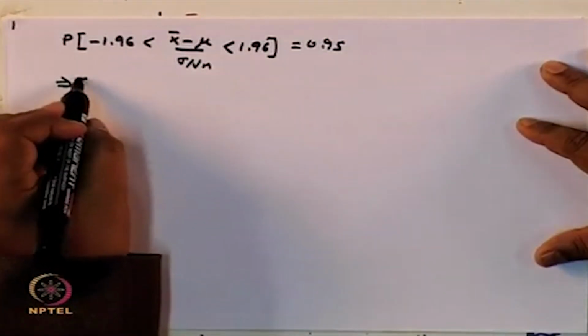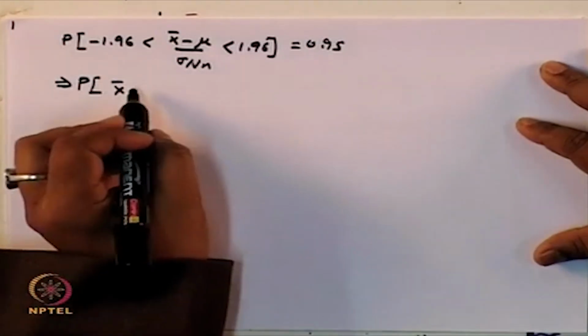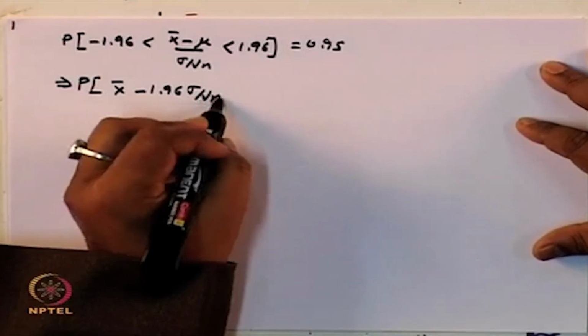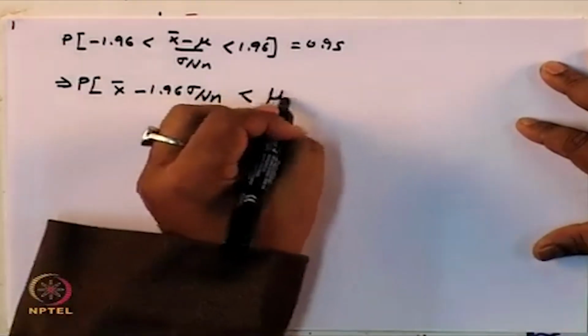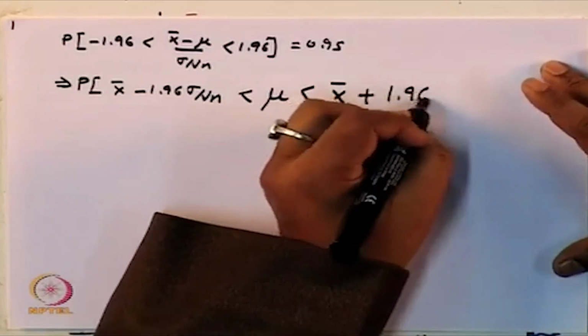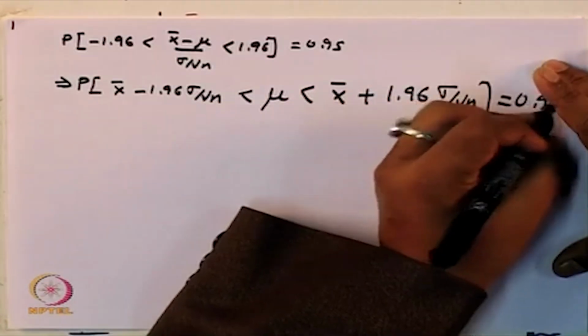Using some basic algebra, you can show that mu lies between x bar minus 1.96 sigma by root n and x bar plus 1.96 sigma by root n, and this probability is 95%.